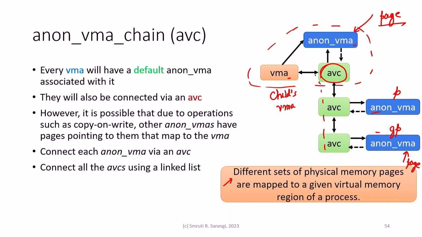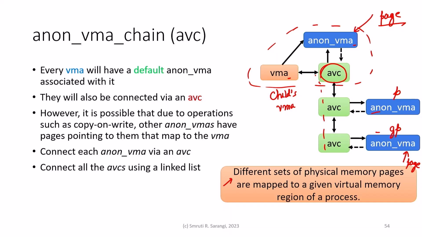Alright, so if I am a child process and I consider a VMA, which is a contiguous virtual memory region, the physical pages that correspond to these virtual addresses could be something that I as a child created, something inherited from my parent, or something inherited from my grandparent or grandparent's parent and so on.